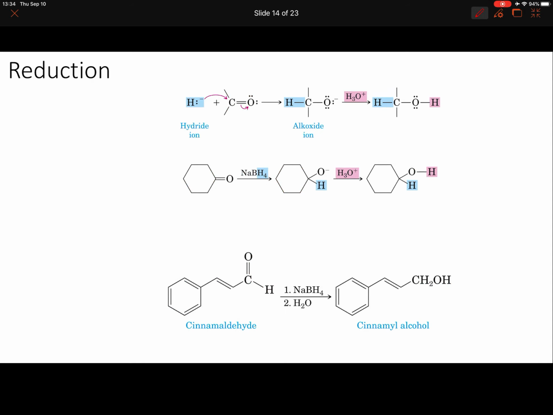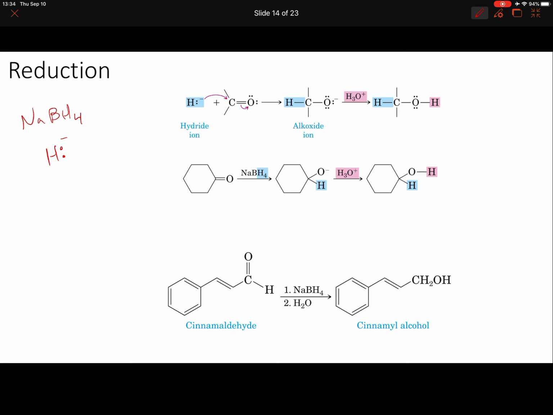Now, the most common laboratory reagent for the reduction of an aldehyde or ketone is called sodium borohydride. This reagent contains a hydrogen in the form of a hydride ion, H-.